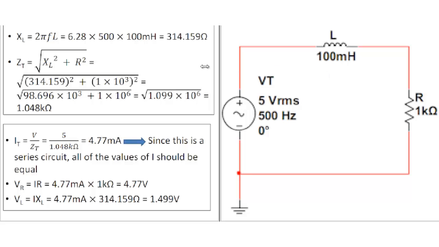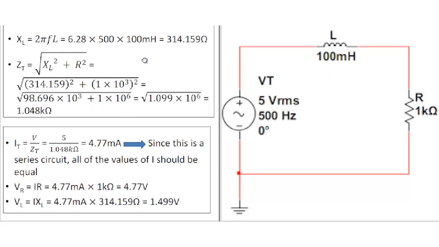So going over here to the left-hand side of the screen, you have the inductive reactance for the inductor, 2 pi FL. You plug in the values, get 314 ohms. Then, because the impedances are different and the voltages are different, that affords you the opportunity to use Pythagorean theorem.